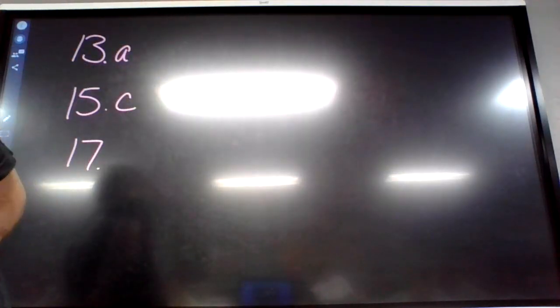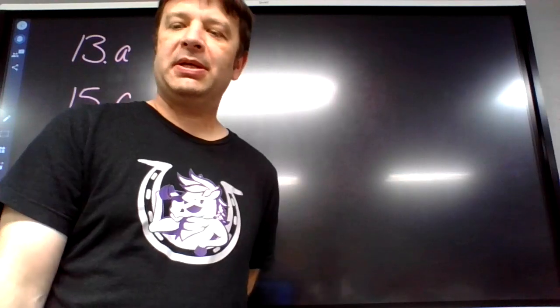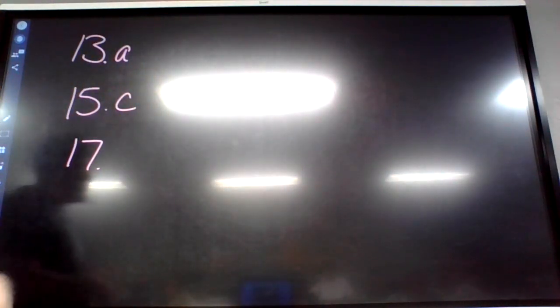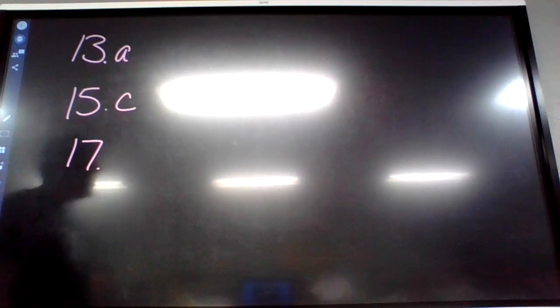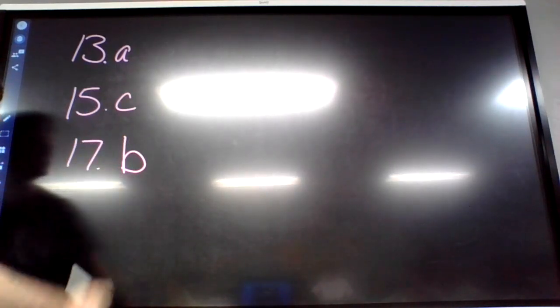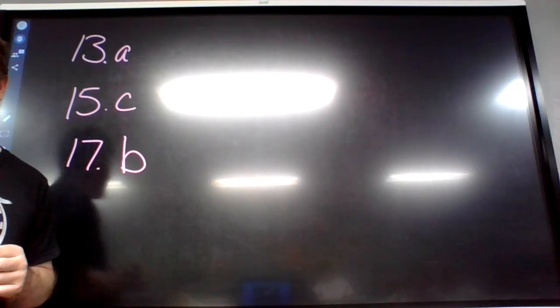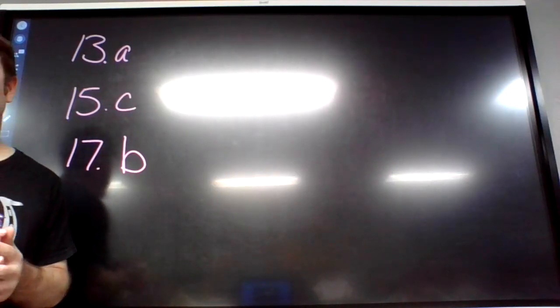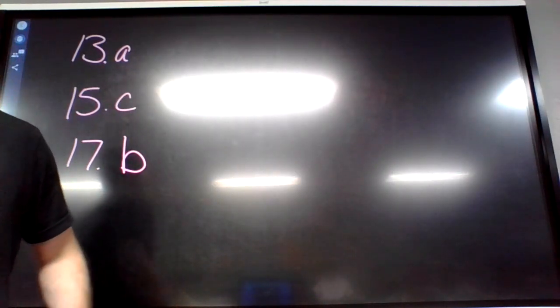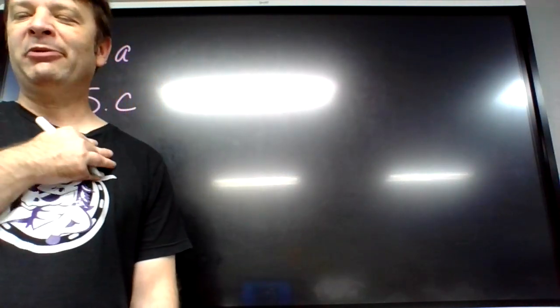Okay, 17, is that a relation? Yes, it's 2 ordered pairs. Is it a function? No, because the same x value is being used twice. So it's a relation that's not a function, so it is B. Okay, 19, we're not going to follow all the directions on 19.